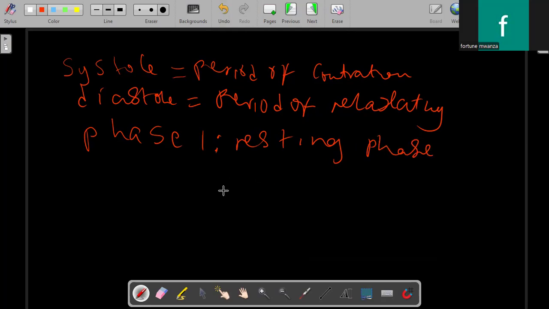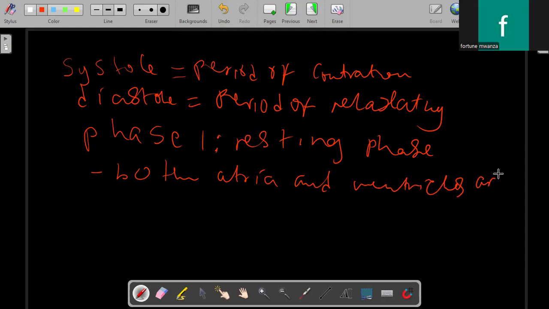So what do we have in the resting phase? In this phase, both the atria and the ventricles are in diastole.